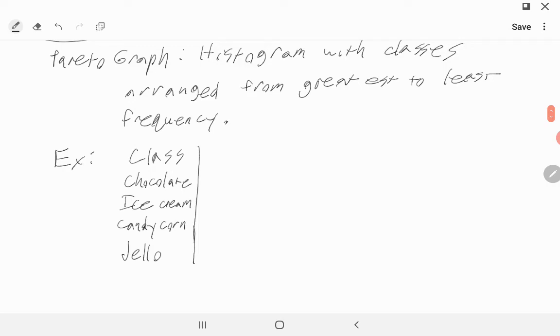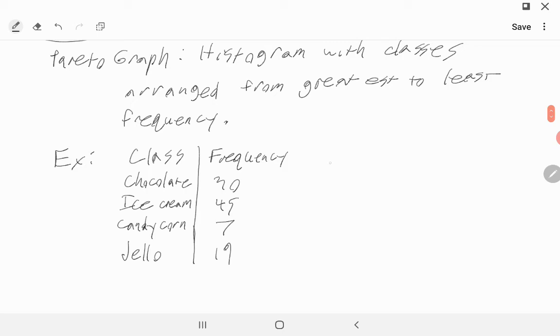We might wind up having the frequencies be maybe 30, 45, 7, and 19. And so you notice they're not in any particular order.